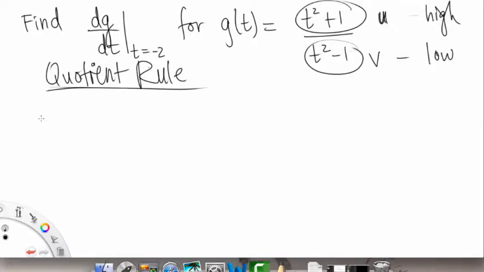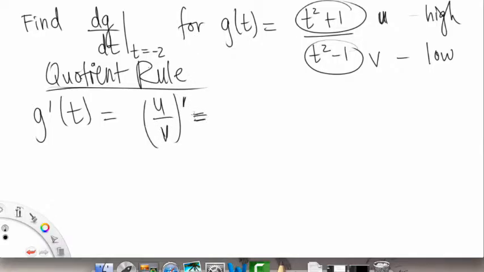Okay, so let's refresh. If you're doing g prime of t, that's going to be the same thing as u over v, and all of that we're taking the first derivative of. So what we're going to do is write down our little ditty.